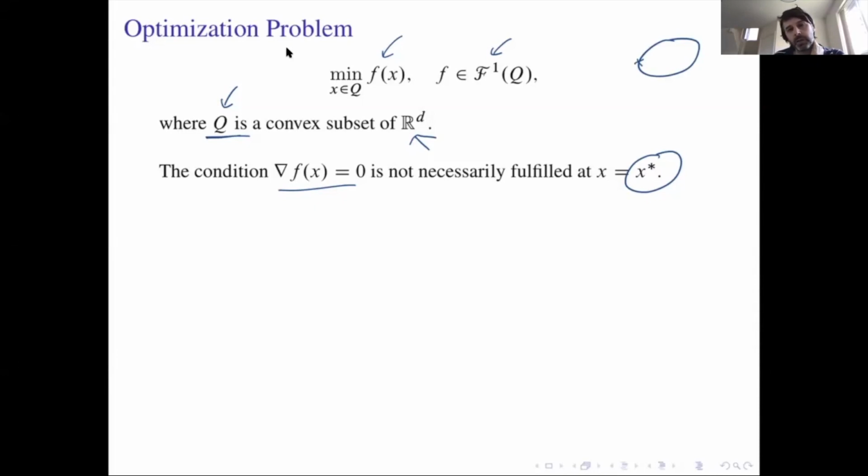But the gradient doesn't have to be 0 as it moves through the boundary. So the condition is not necessary for a maximum or minimum. I think I have a simple example here. Yeah, so there's a simple example. I think that's useful.